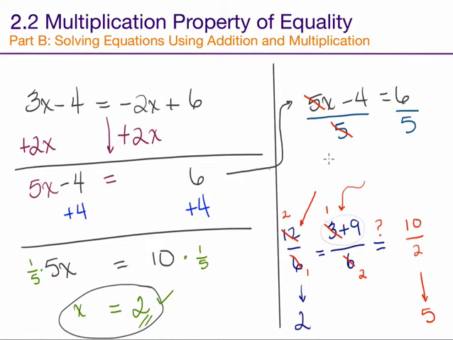So I can divide both sides of this equation by 5, but I can't cancel like this unless I also cancel with the 4, and this clearly doesn't work. So be careful when you're doing a problem that looks like this. The best way to approach a problem like this is to get in the habit of leaving this term alone at first. Get rid of the 4. Get rid of the constant first. Then go back and divide both sides.